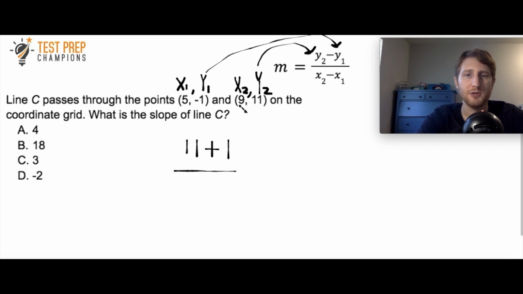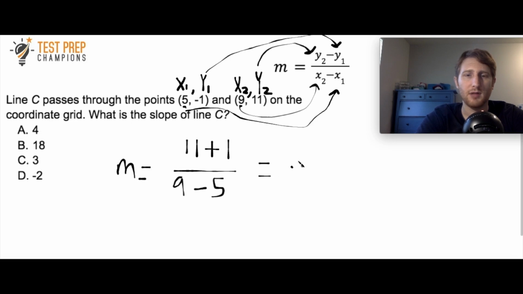My x2 is 9, so I'm going to replace x2 in the formula with 9. Same with x1: I'm going to find the number I labeled as x1 and put 5 in for x1. So I'm going to end up with the slope equals 11 plus 1 divided by 9 minus 5.